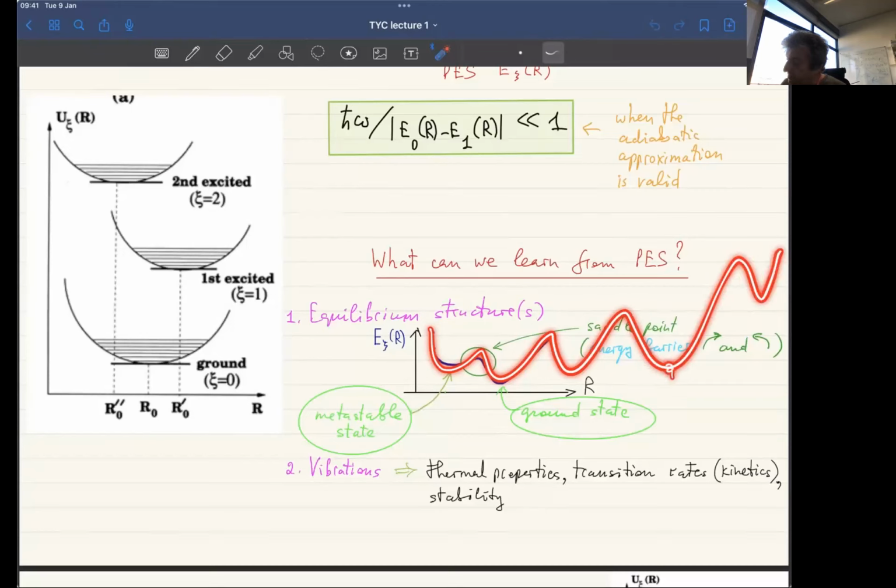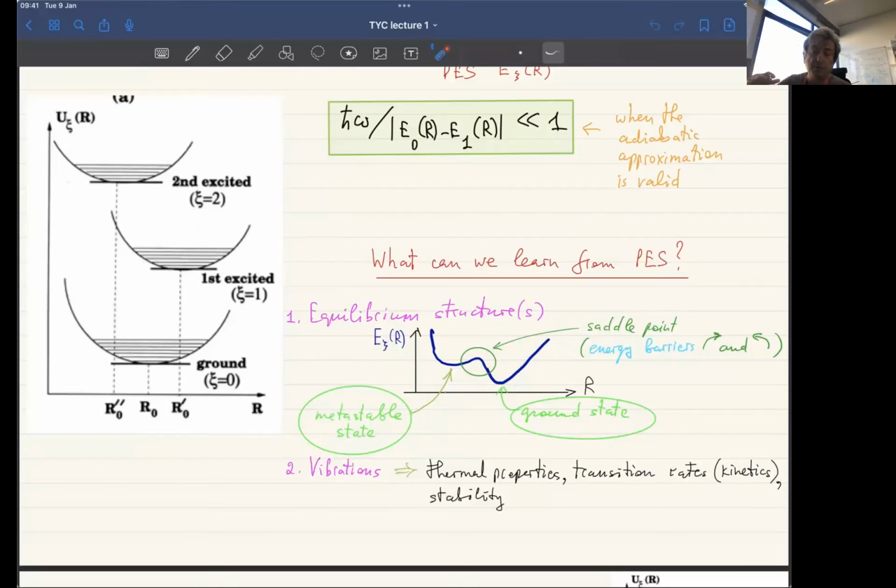Each minimum would correspond to a minimum of the potential energy surface. So if I have atomic positions being those in the minimum, that system would be stable. Of course, some minima would be of higher energy, some minima would be of lower energy, and there will be one with the lowest energy of all possible. That would be the ground state. All other minima would correspond to the metastable states.